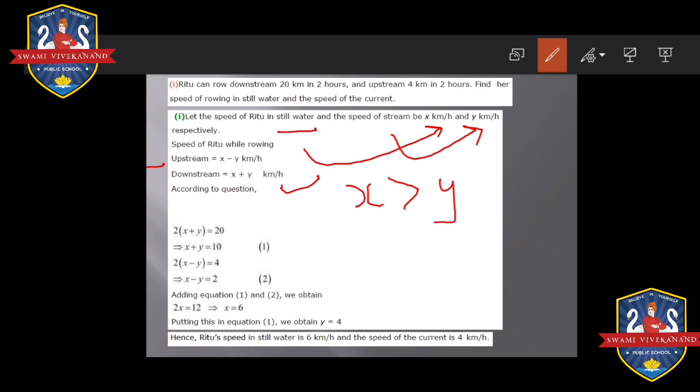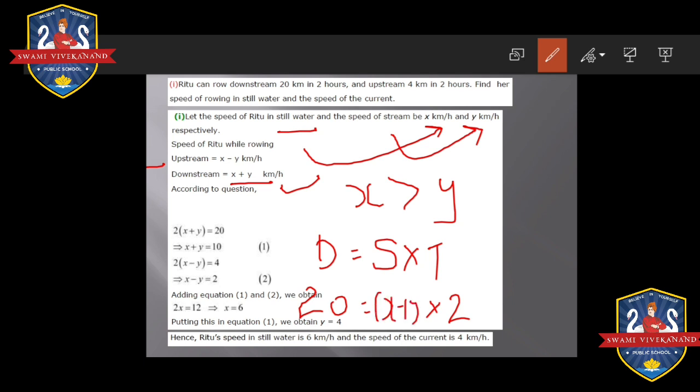Now we know that distance is equal to speed multiplied by time. Here, during downstream, our distance is 20 km and time is 2. So distance is 20, time is 2. What is speed? Downstream speed is x plus y. So we write here x plus y.